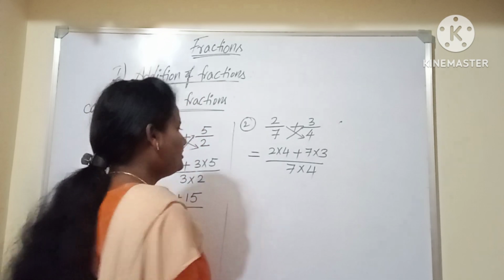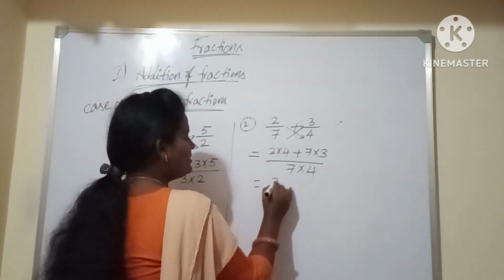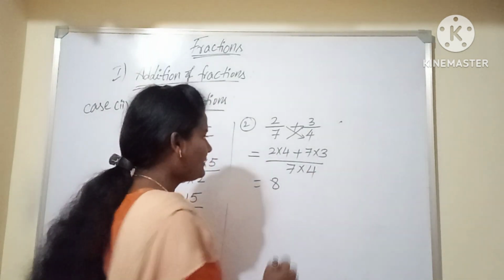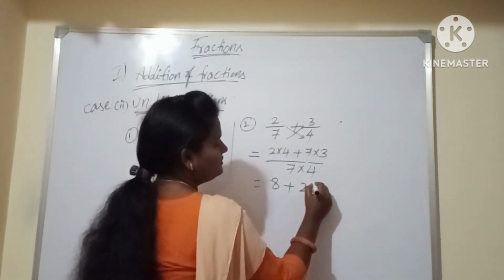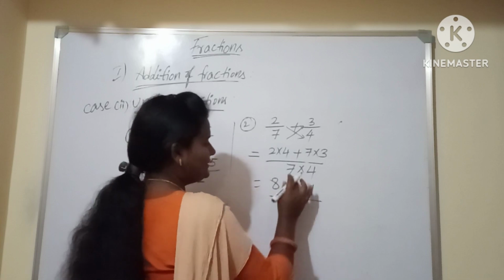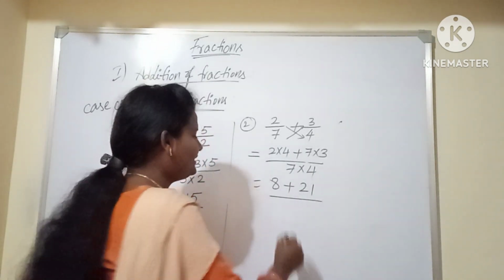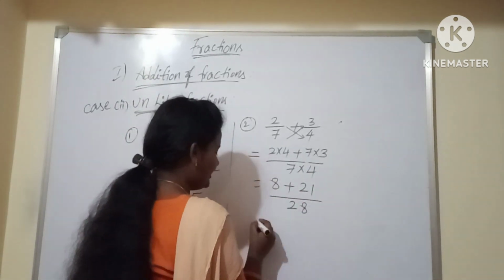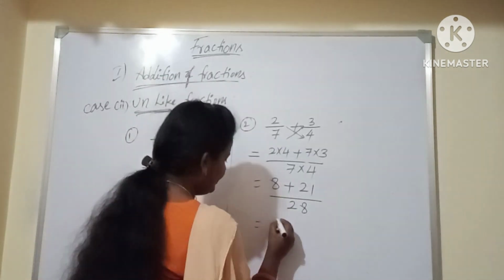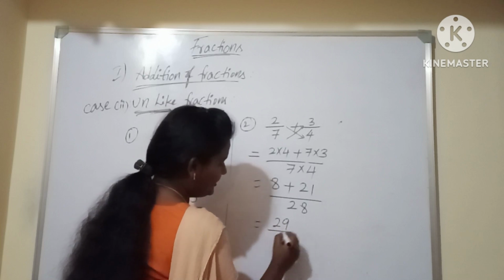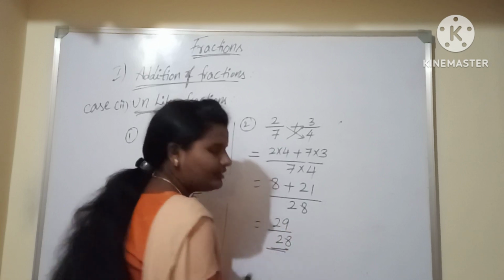Next, 2 fours are 8, plus 7 threes are 21, divided by 7 fours are 28. Now 8 plus 21 is 29, divided by 28. This is our final answer.